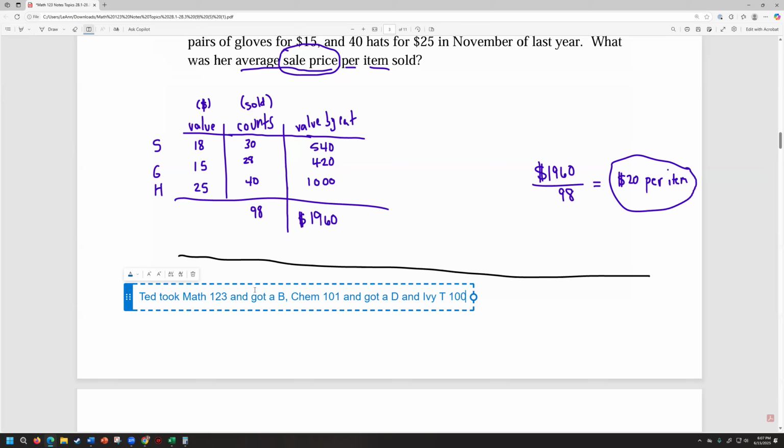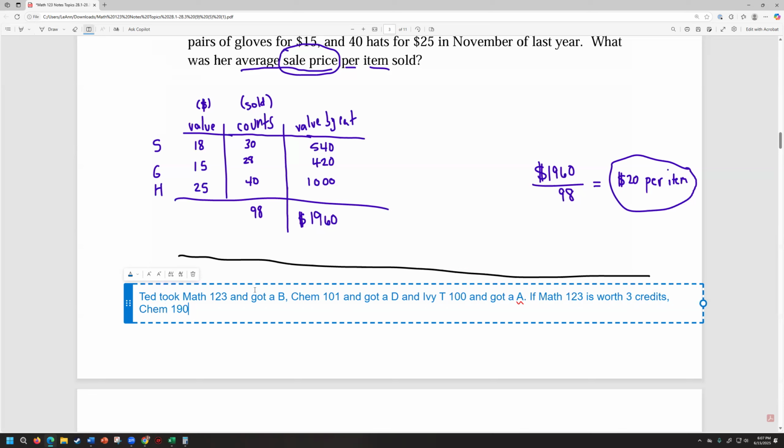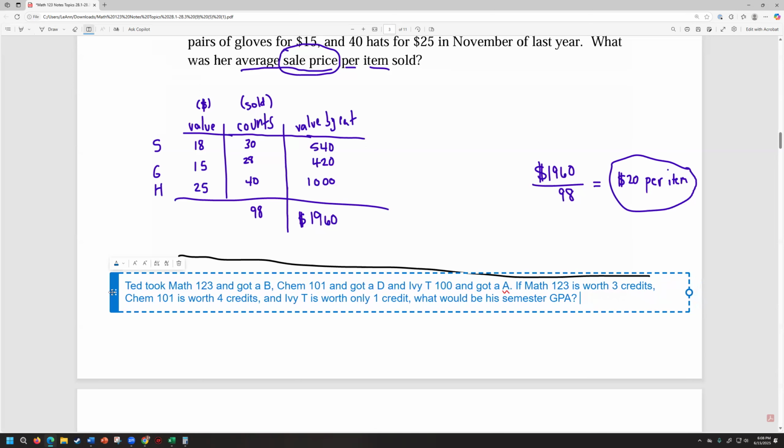I'm not sure what the numbers are for some of the other classes, and got an A. If Math 123 is worth 3 credits, which it is, Chem 101 is worth 4 credits, which usually sciences are worth more because they sometimes have a lab component. And IVT is worth only 1 credit. What would be his semester GPA? Okay, so that's the scenario we're trying to solve.